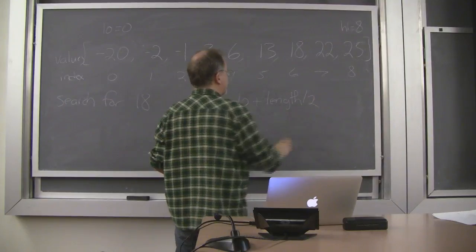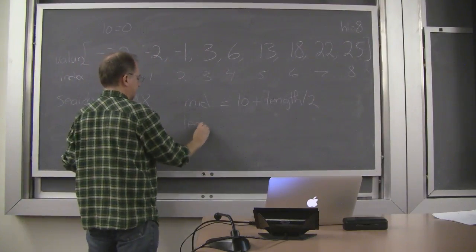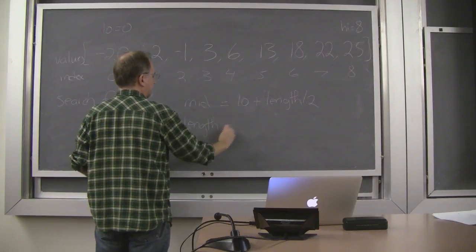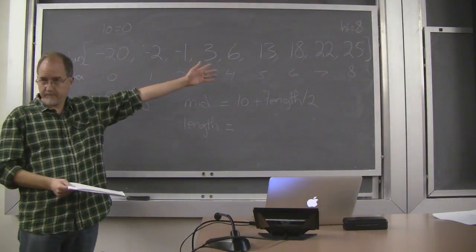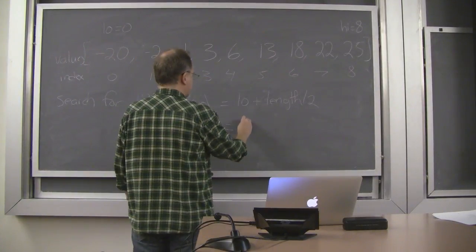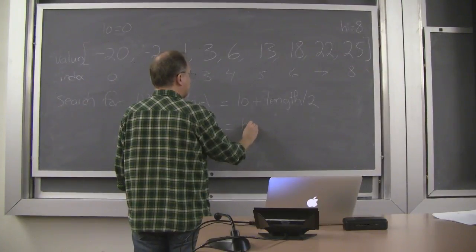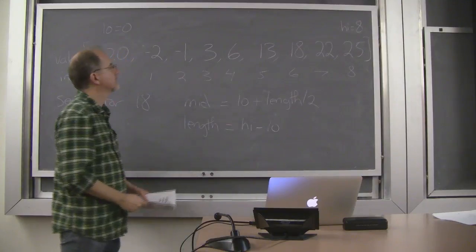Length divided by 2. The length is the number of elements in the array. So it's the high value minus the low value.